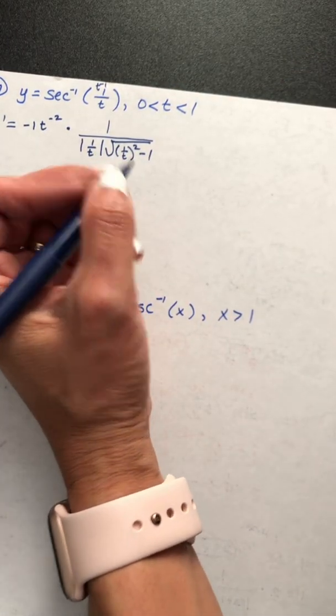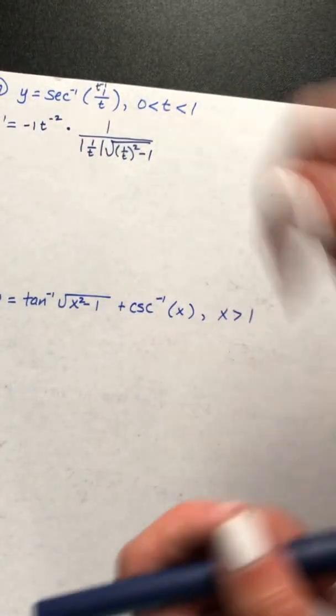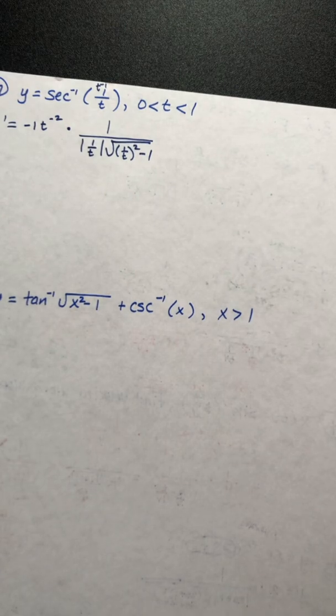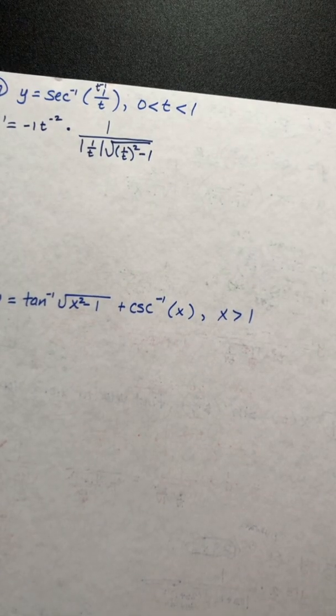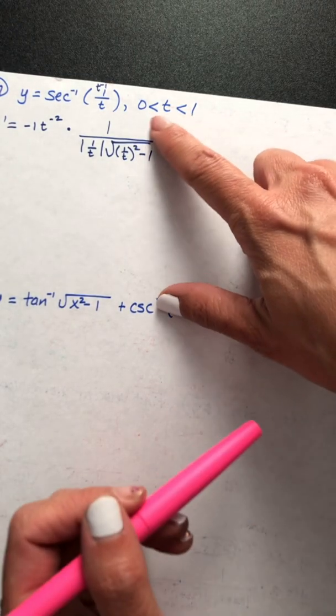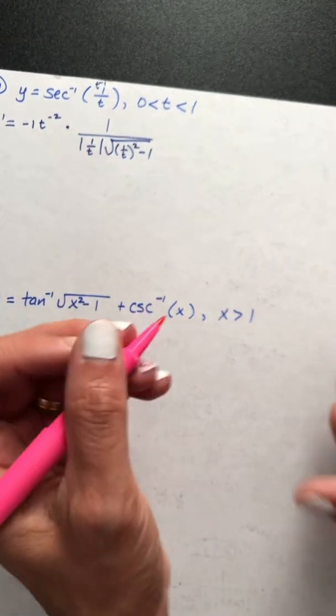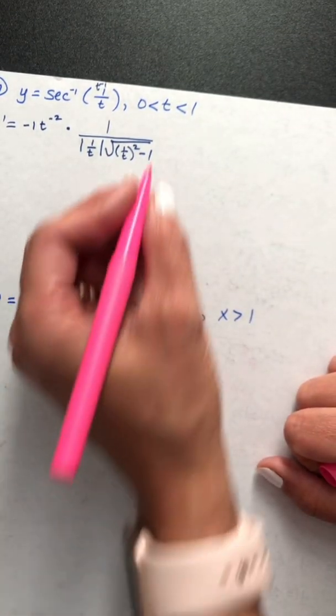All right, so this is where this interval comes in handy, because absolute value is supposed to ensure that it is positive, because it measures distance, and distance is never negative. But if t is between 0 and 1, that means it is a positive number. So I don't need the absolute value on there anymore.